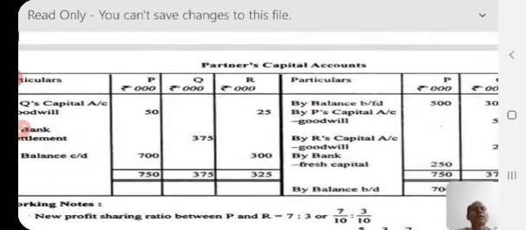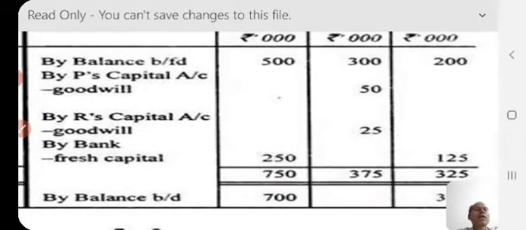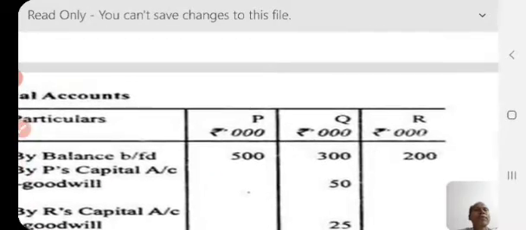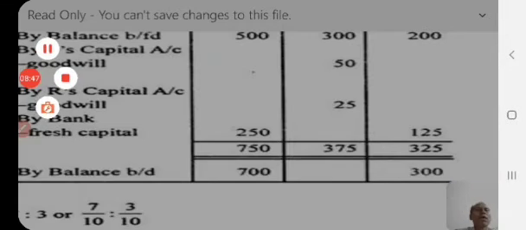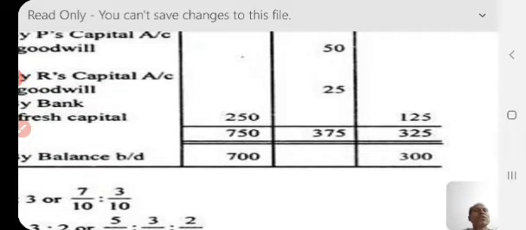See this. So this is 250 by P and 125 by R. So 250 thousands and 125 thousands are to be brought in the form of cash.